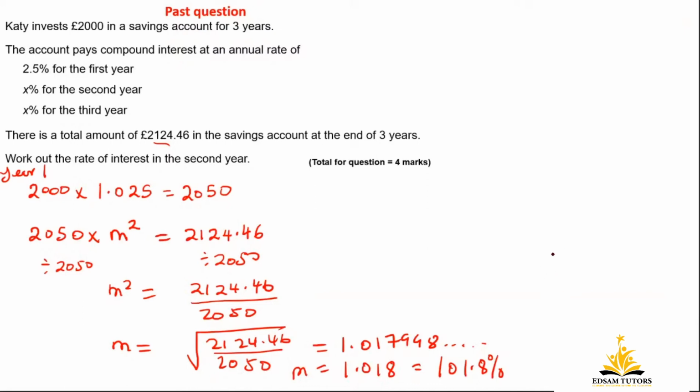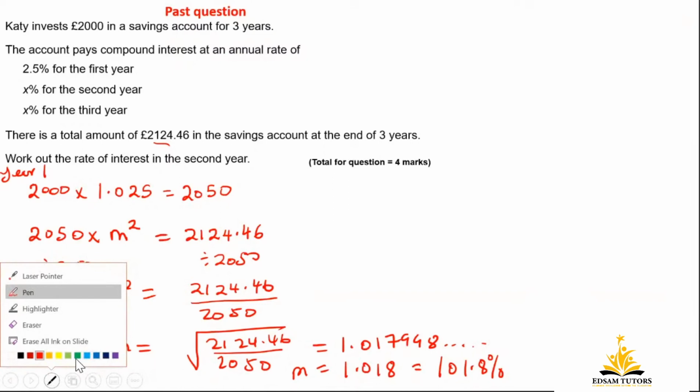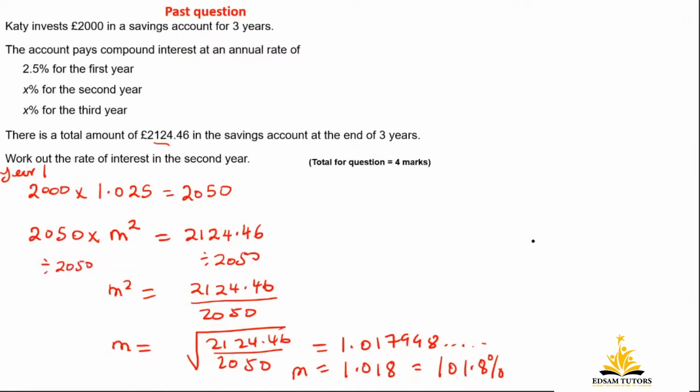So to find x, let me use a different color for that one. I'm just going to minus 100% from 101.8. And that gives you 1.8%. So the rate of interest for the second year is 1.8%.